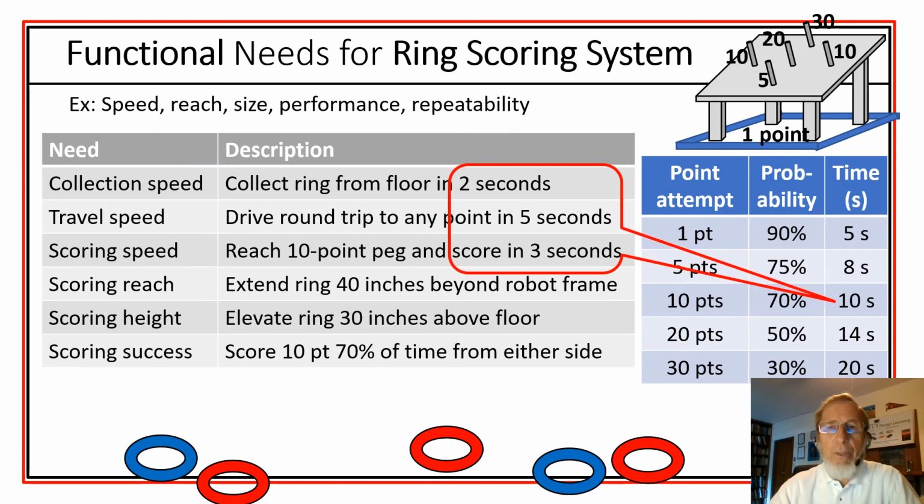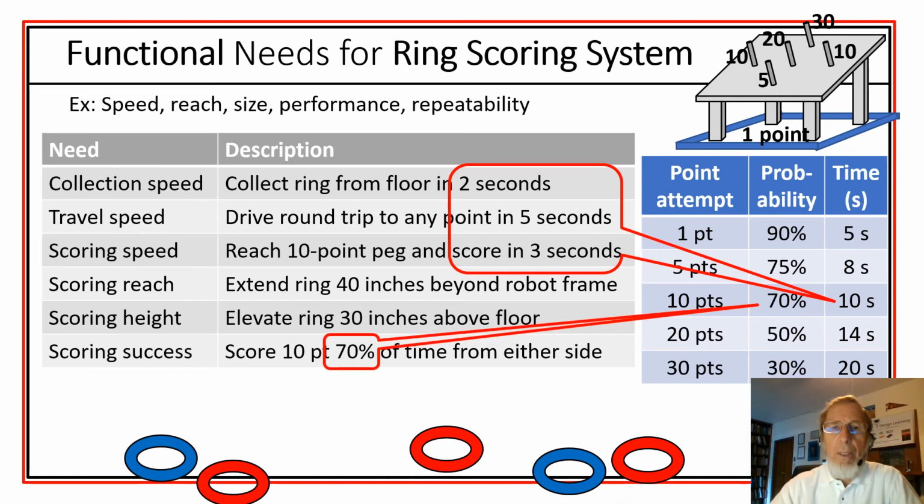Notice that some of these actually come directly from the strategy information. We said we were attempting to score 10 points in 10 seconds. So therefore, the summation of our collection speed, travel speed, and scoring speed needs to be within this 10-second limit.